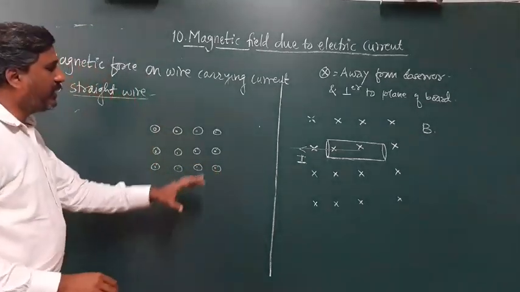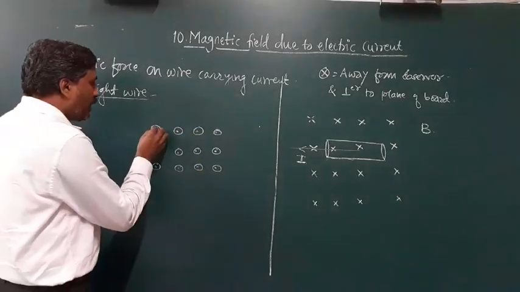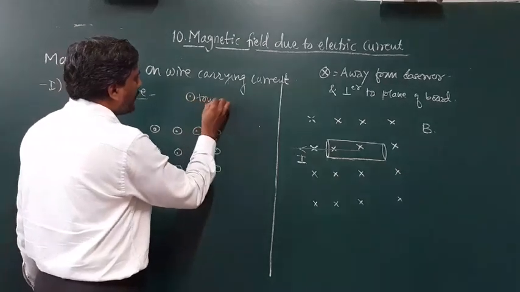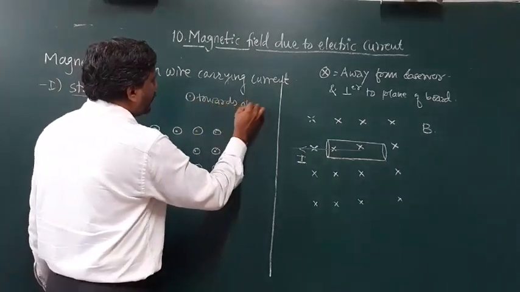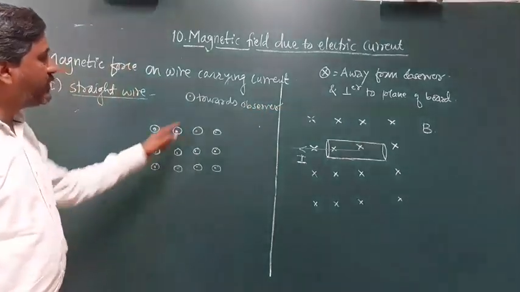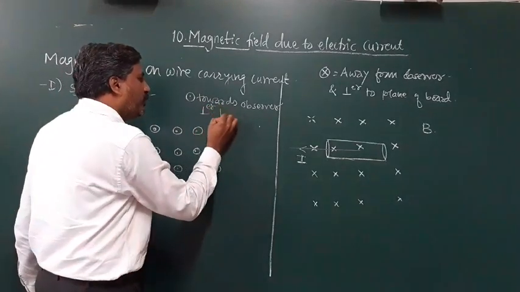If the magnetic field is shown by dots, then what is its meaning? Its meaning is very simple. This magnetic field is towards the observer. The magnetic field is towards the observer, and it is again perpendicular to the plane of the board.